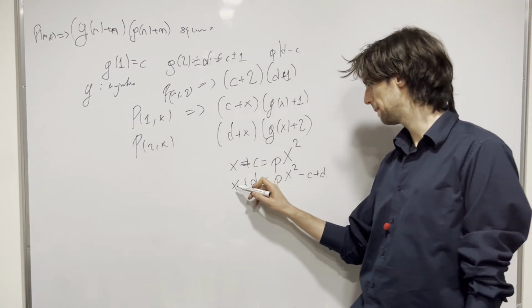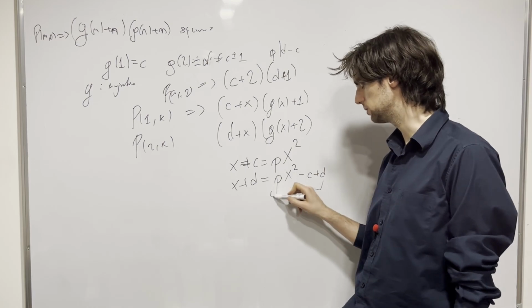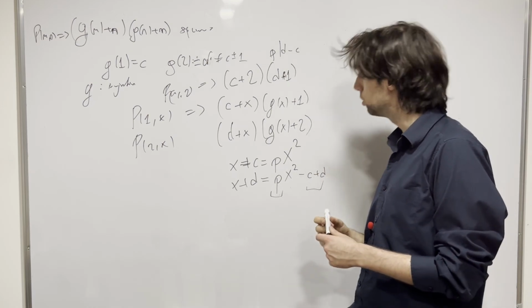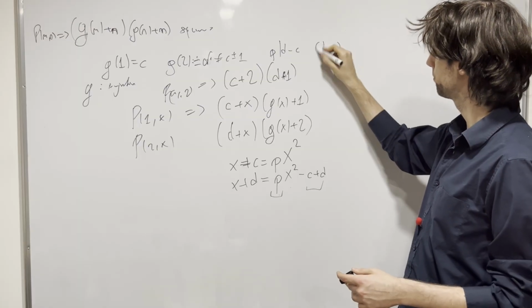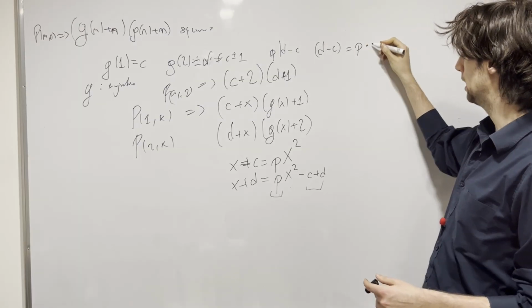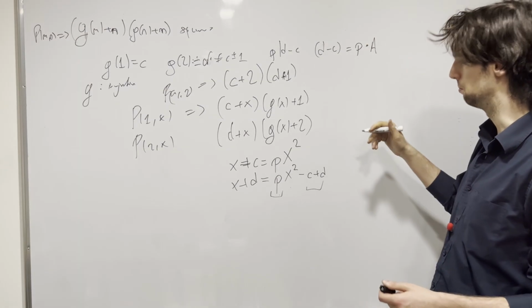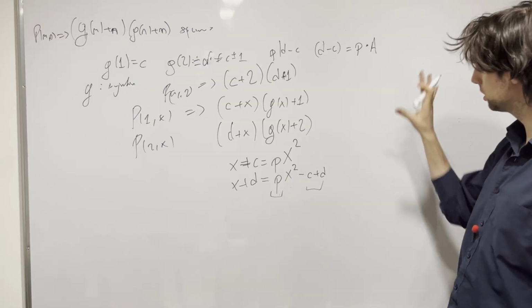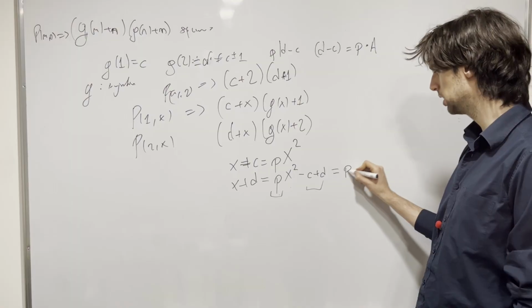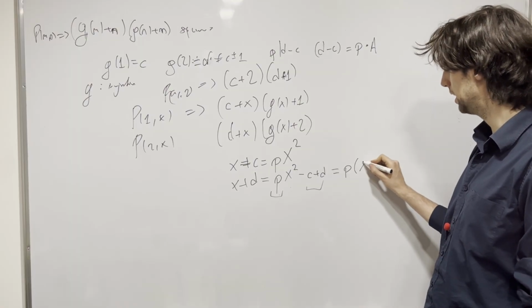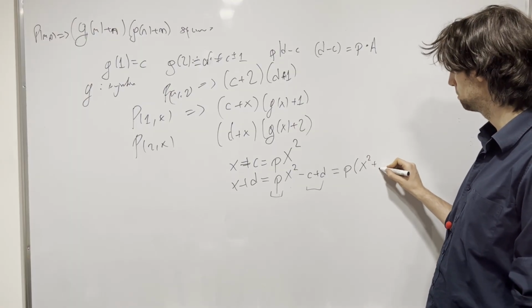Now, this is divisible by p, and this is divisible by p. So let's make d minus c equal to p times some a. Then here we have p times x squared plus a.